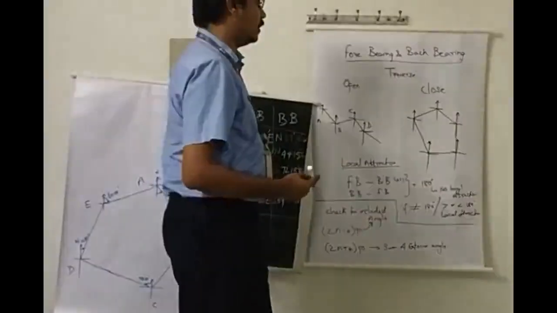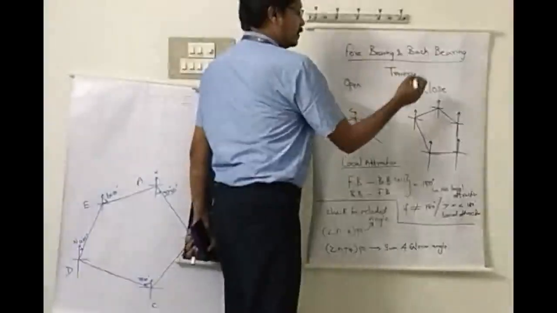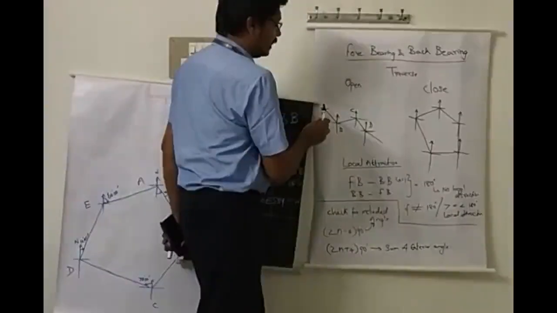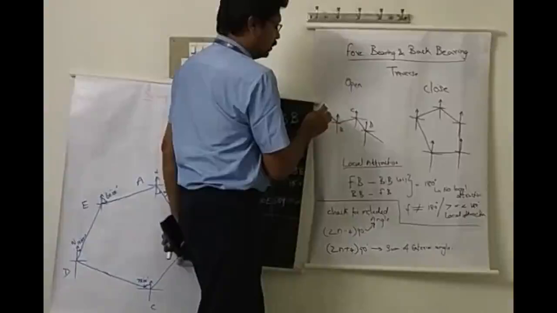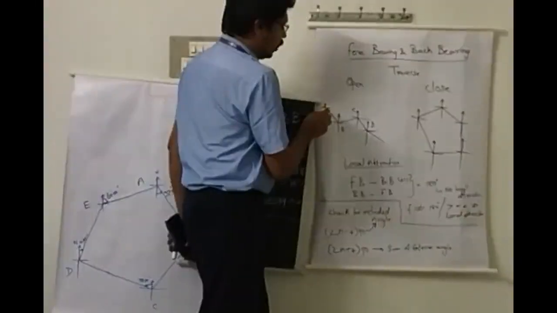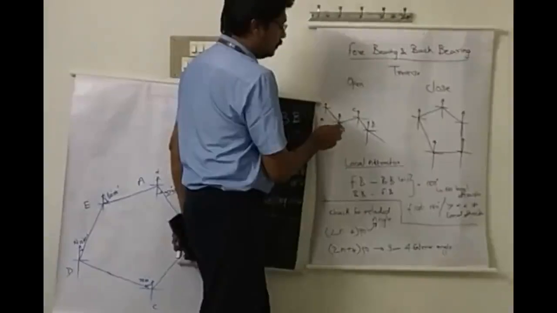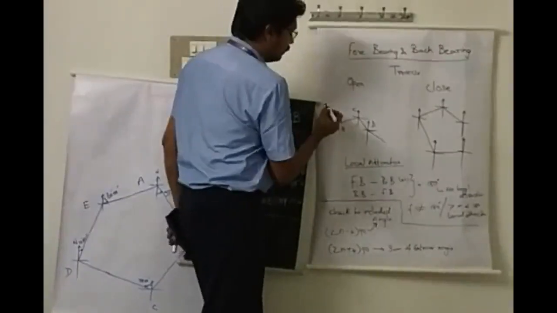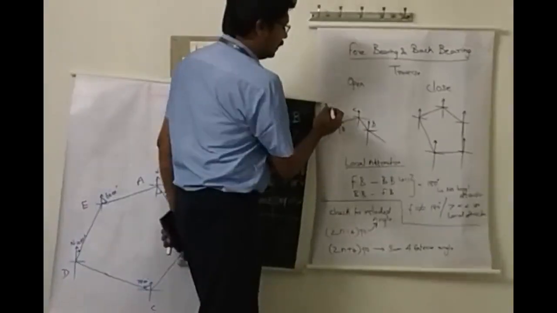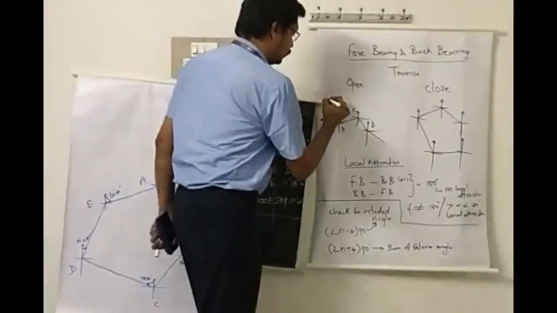What is forward bearing? What is back bearing? When it is a traverse from one point to another point, say on the point A you are holding the compass, then you have to move towards B, and determine the angle with respect to the compass. So you will get the bearing with respect to north.